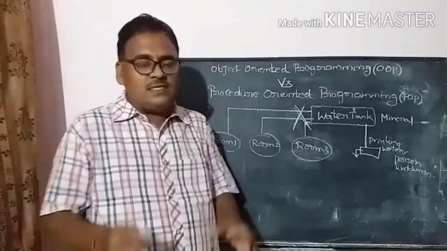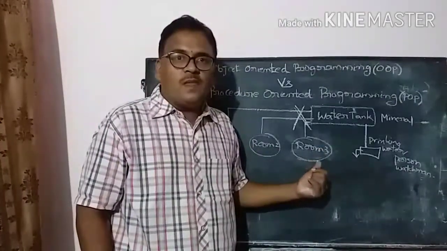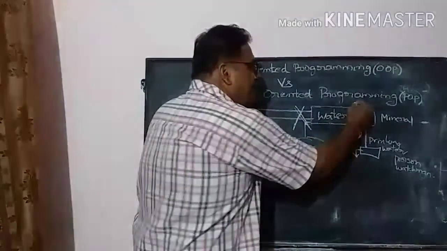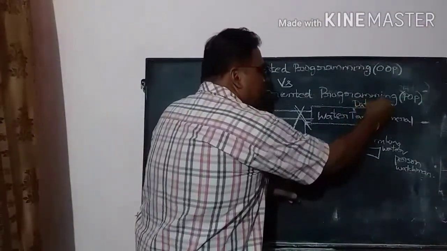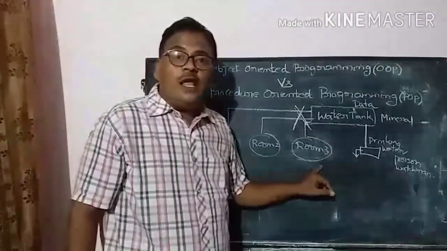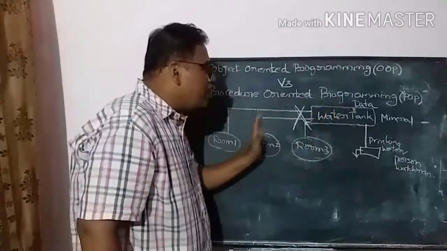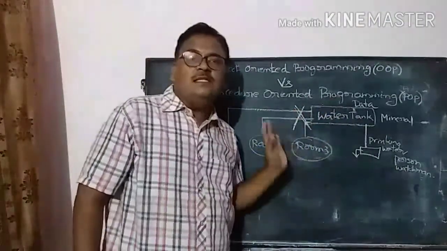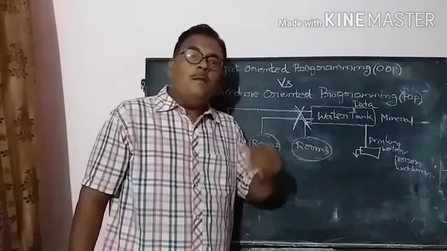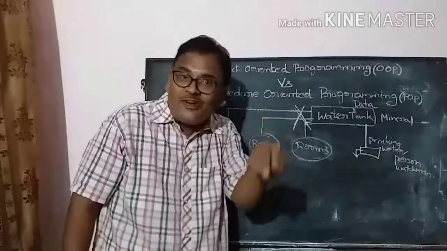Okay, I think my dear students, you understand this concept. In procedure oriented programming, water means data, and room 1, room 2, room 3 are functions, sub-functions or procedures, whatever it may be. Data can be utilized freely by these 3 functions. What will happen? Those functions may misuse the data sent from the water tank, that is the main function.